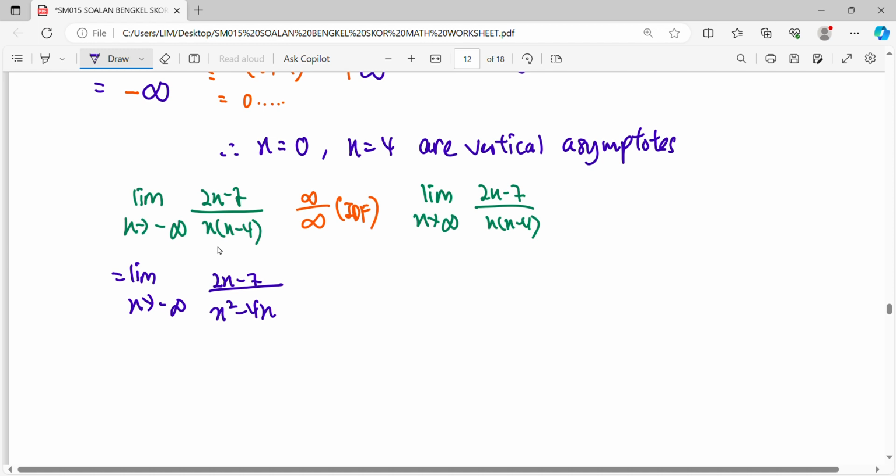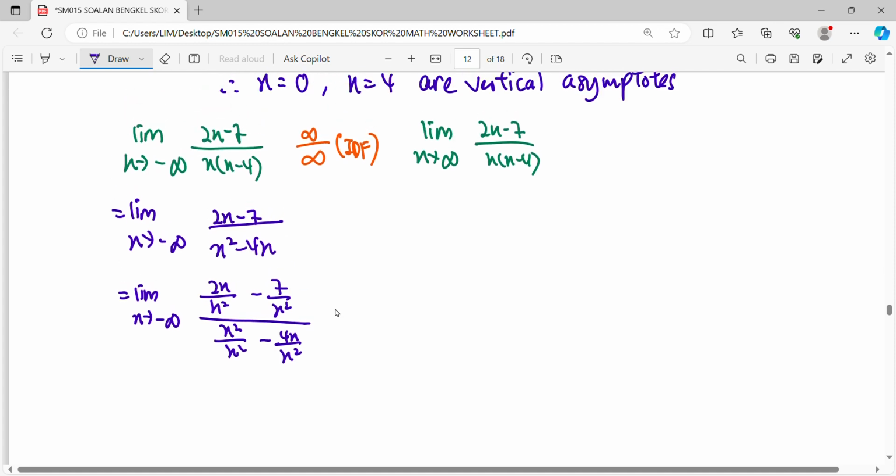So to find your highest power, you must make sure your brackets are all expanded. Then only can you see the highest power of x. Alright? So everything divided by x squared. Try to do yourself. Divide x squared, divide x squared, divide x squared. Then simplify.